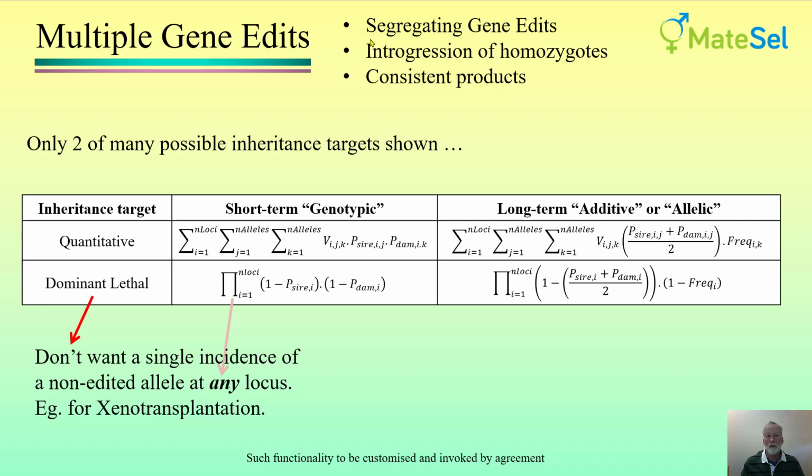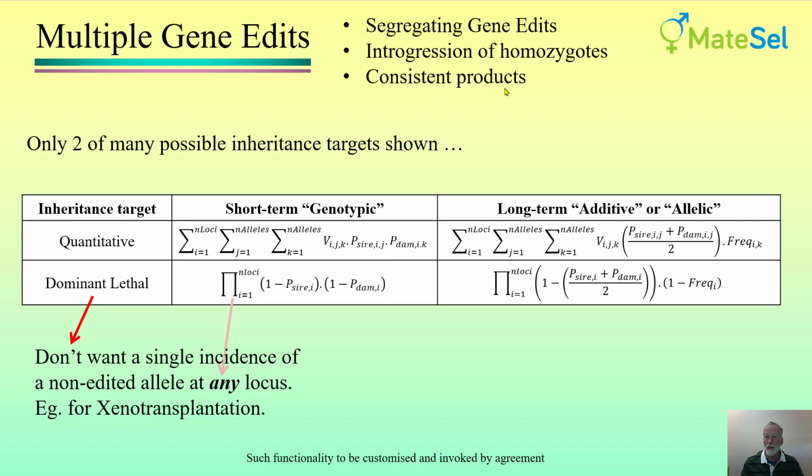Now, the problem of multiple gene edits in a breeding program relates essentially to segregating gene edits. If you've been successful in site-specific insertion to create instant homozygotes, as a first order effect, that means that the breeding program is not going to be a problem. But of course that's not really true, because very often you will want to integrate those homozygotes into a wider population for production purposes. In many cases you'll be aiming for consistent products.